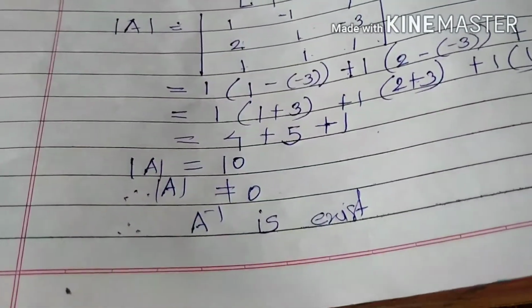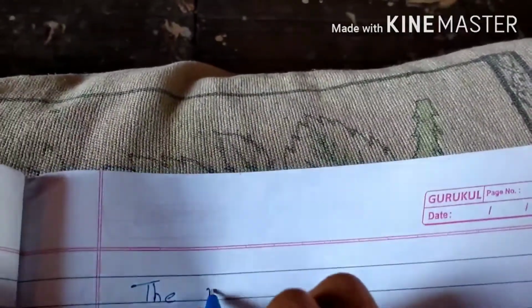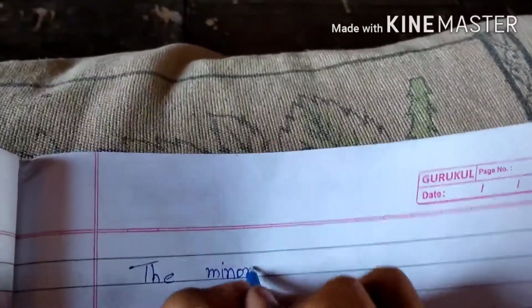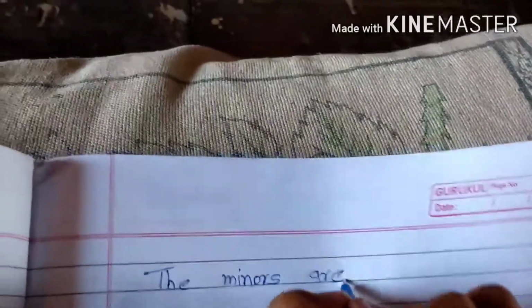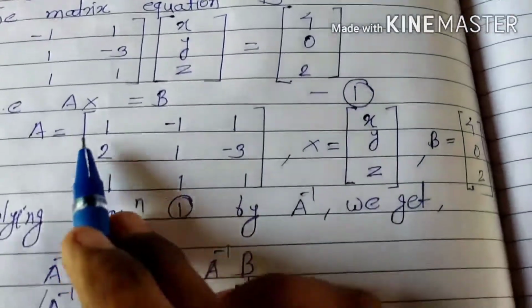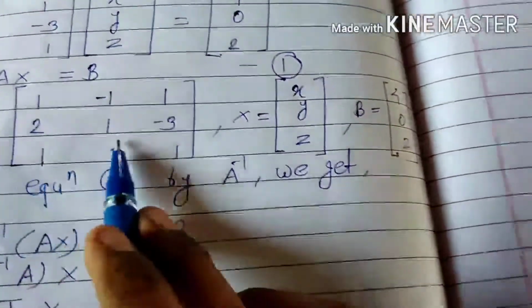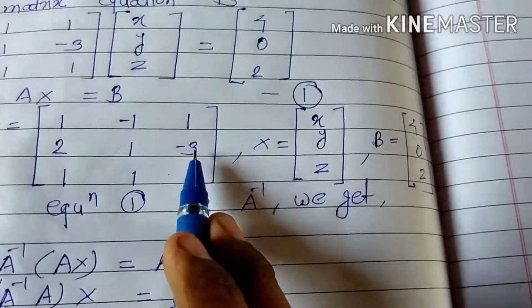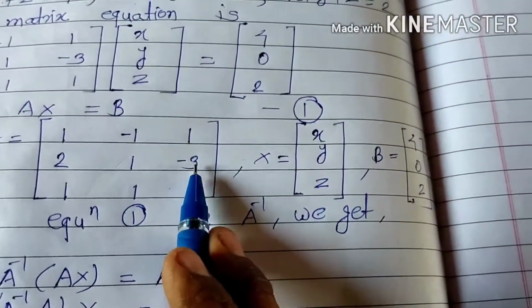Now find minors. The minors are M11 is equal to, means deleting first row and first column. So first row and first column you get 1 into 1 1, and this 1 into minus 3 means plus 3.